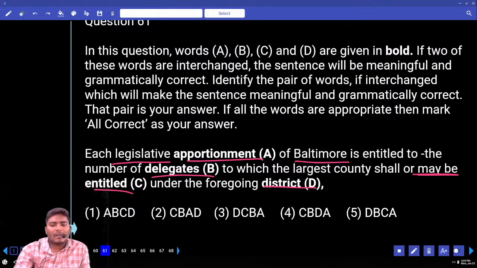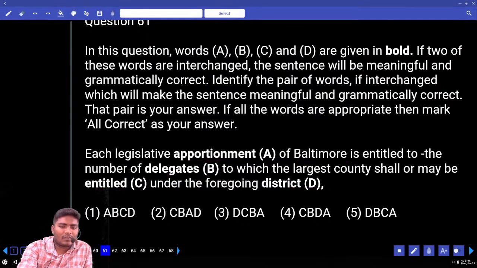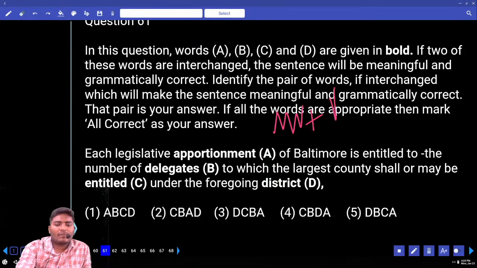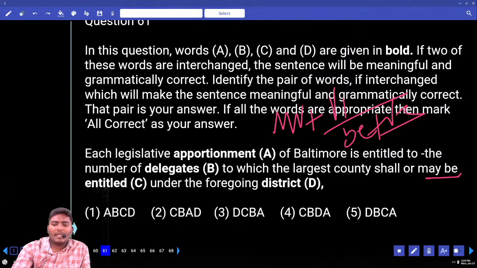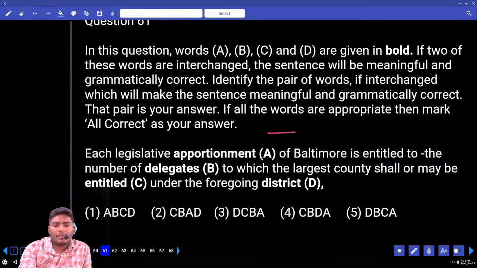Can you tell me any one word which is fixed in its position? Just before, I told you in the beginning, modal verbs are followed by V1 or be plus V3. May be is followed by what here? V3, that is fixed. So what does it mean? In the third place we need C as it is.